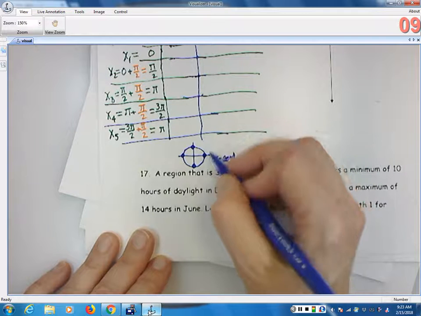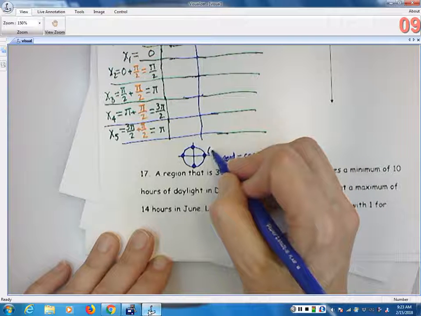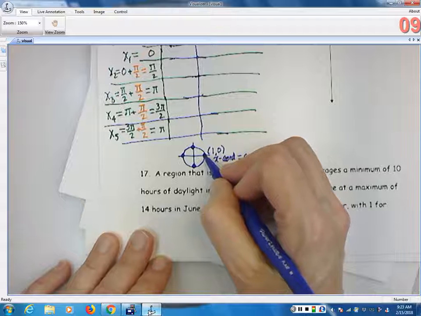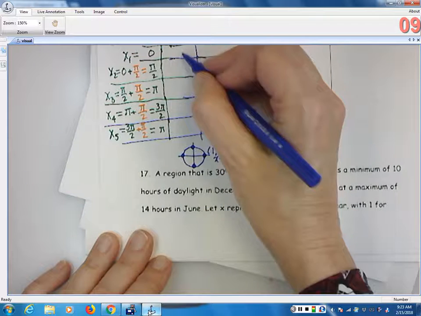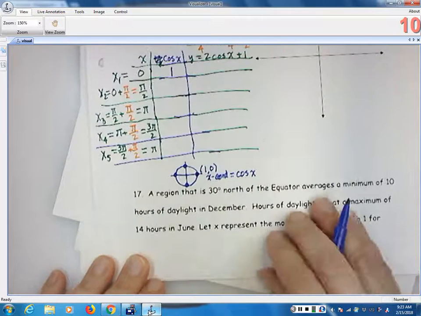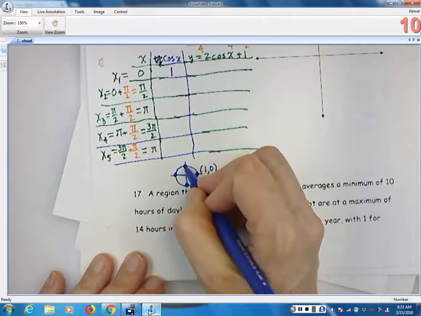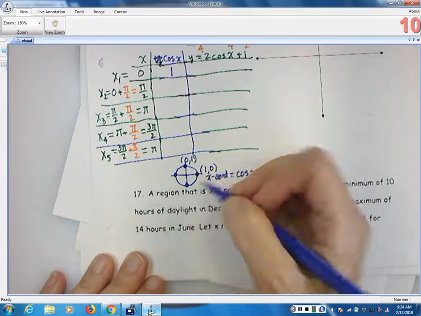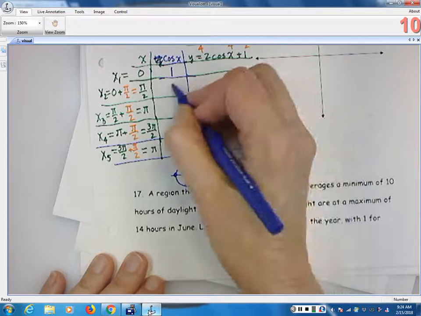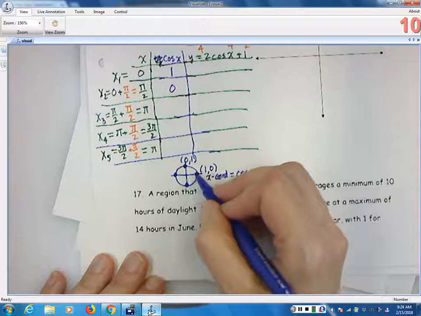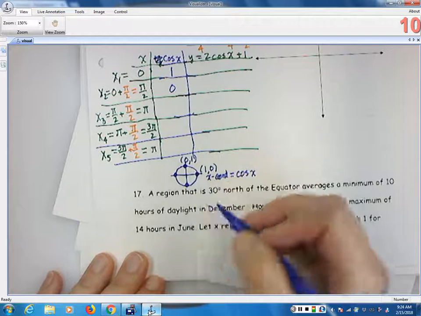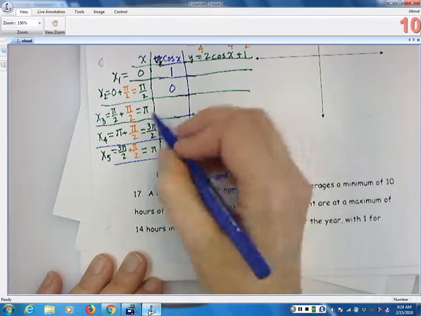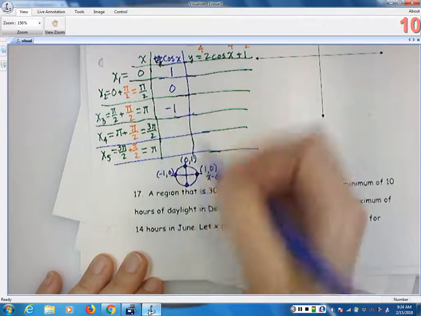The x coordinate. So this is 1, 0. So at an angle of 0 radians, the cosine is 1. Up here we're at 0, 1, and so the cosine of pi over 2 is 0. Here we're at minus 1, 0, so the cosine of pi is minus 1.